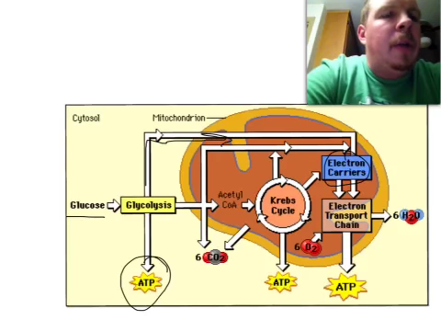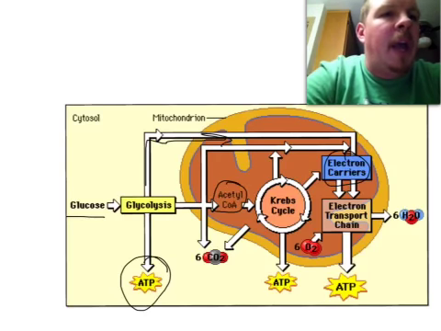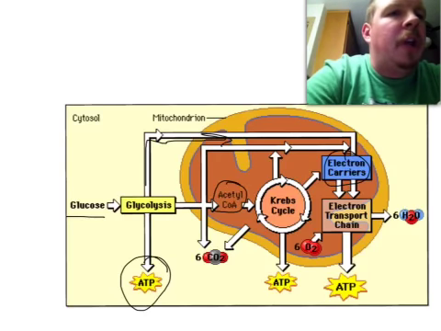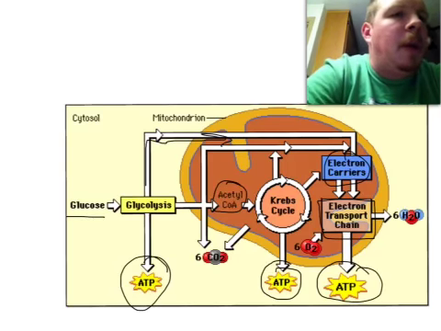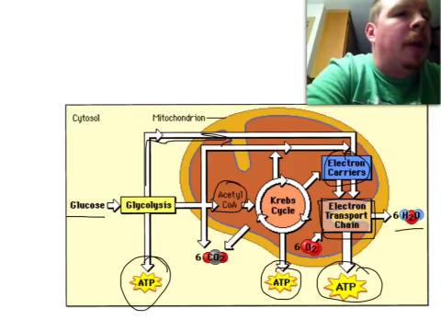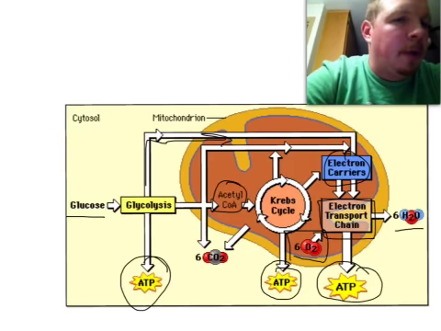Within the mitochondria, you have the 2-carbon molecule, acetyl coenzyme A, that then goes into the Krebs cycle and gets ripped apart. More ATP is made there, and then in the electron transport chain, you have a whole lot more ATP made. And in the process, water is also made, and you need oxygen in order to do this. This is aerobic respiration.